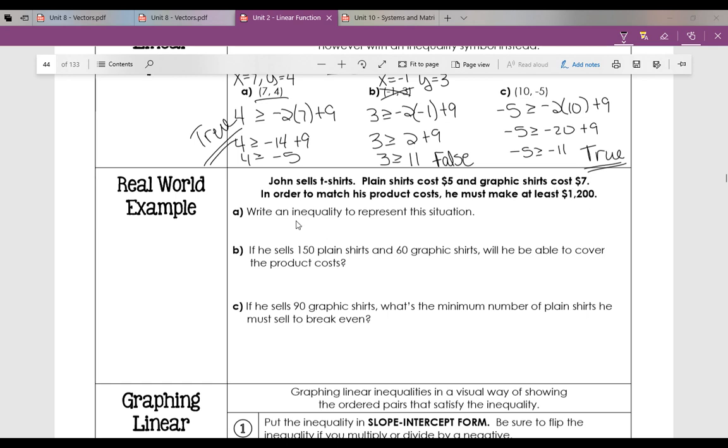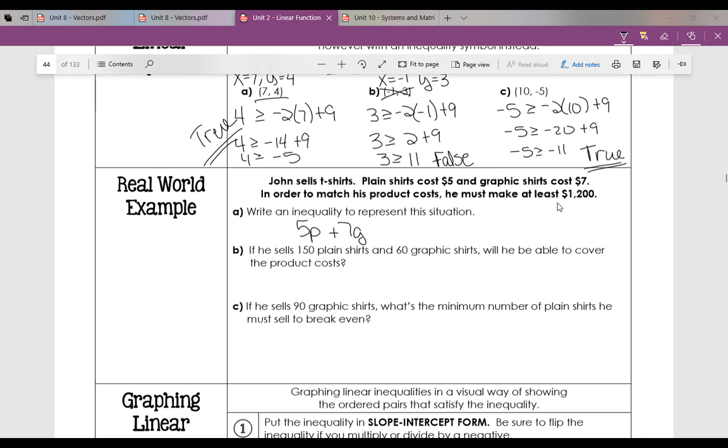Okay, so if we have $5 for each plain t-shirt, I'm just using P for plain, plus $7 for each graphic t-shirt. I try to pick variables that make sense to the question, and at least $1,200. He's got to make at least $1,200 to cover the cost of making these t-shirts.